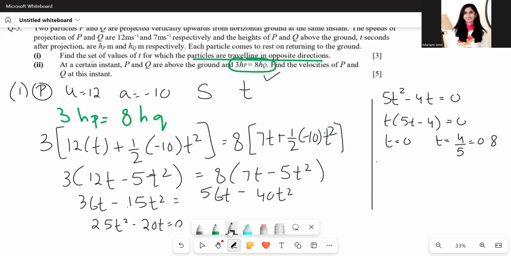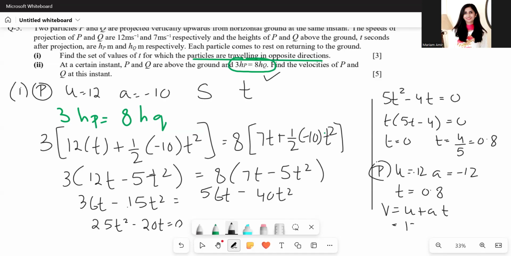3 times hP equals 8 times hQ. And now we have to find the velocities of P and Q at this instant. So for P, we know that u is 12, a is minus 10, and t is 0.8. We have to find v, so we can use v = u + at.